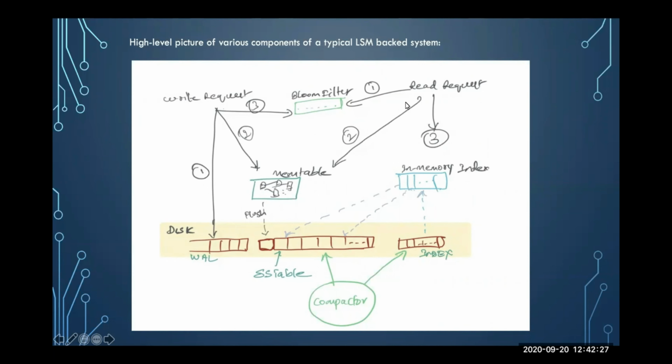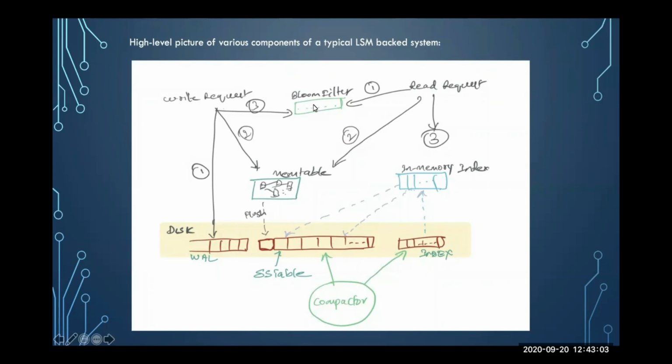Now say we got a read request for a key. It is first checked if the key is present in the memtable. If it's present, we return the value back. If it's not present, then we'll go over each SS table and check if the key is present. To check if the key is present in an SS table, we'll check its Bloom filter.